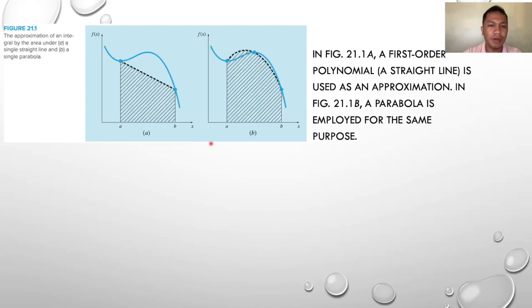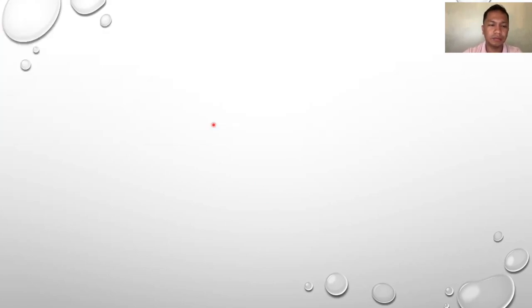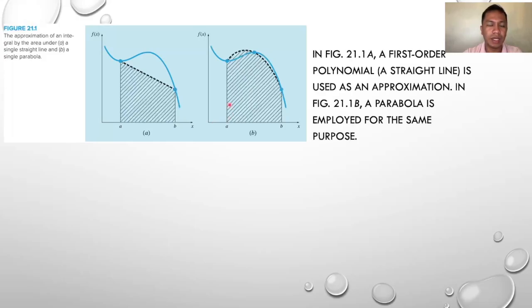In this figure, we can see that there are 2 different lines. In figure 21.1a, this is what we call the first order polynomial, or the straight line, used in the approximation, while in letter b, we used a parabola for the same purpose.